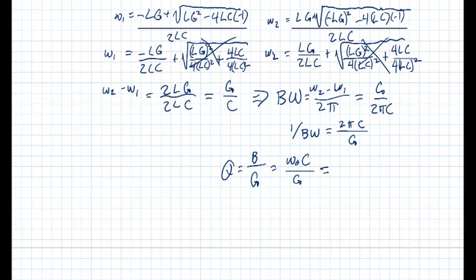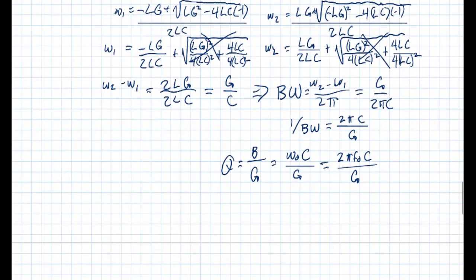And that, in terms of frequency, is 2 pi F naught C over G. Well, comparing the bandwidth and the Q in terms of the capacitor, we see that we have all the terms for bandwidth. The only extra term is the F naught. So we can substitute in the bandwidth, and we end up with the resonant frequency divided by the bandwidth.